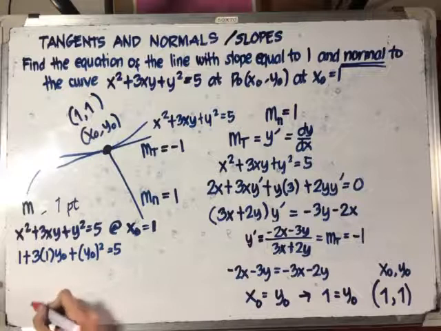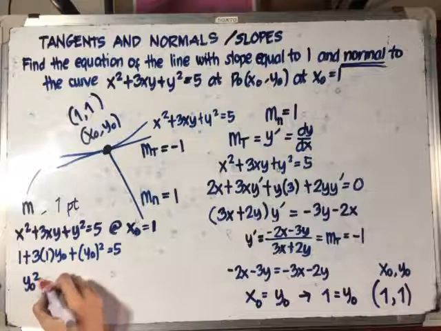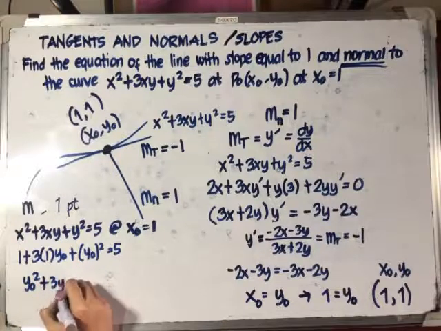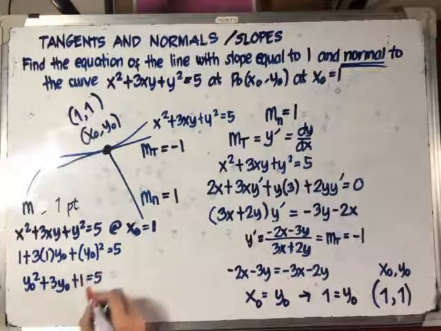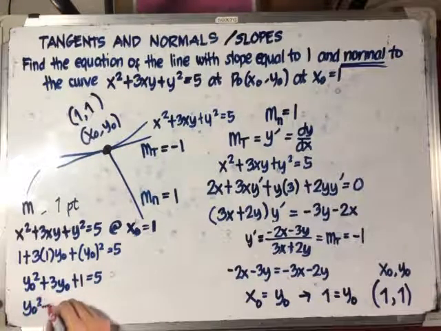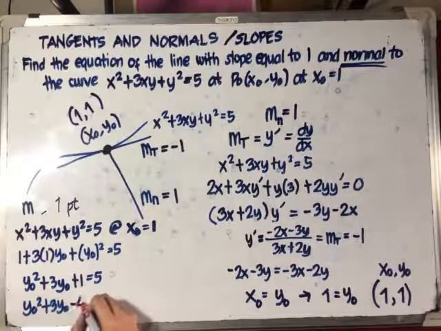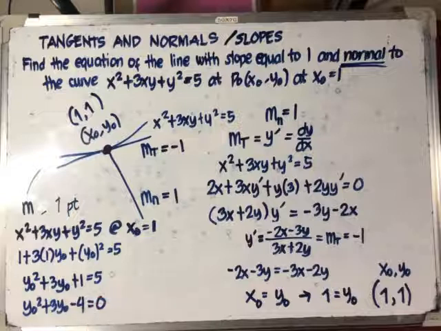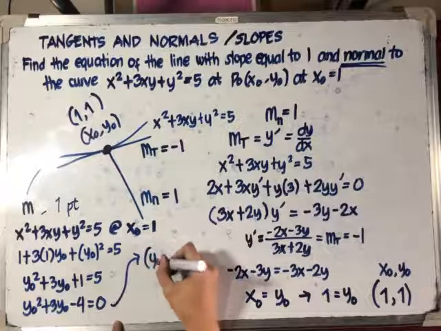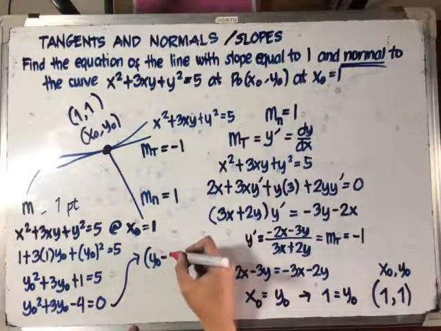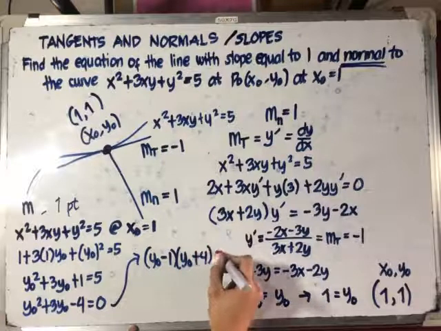We have y sub o squared plus 3 y sub o plus 1 equal to 5. Simplifying, y sub o squared plus 3y sub o minus 4 equals 0. By factoring, you can have it as y sub o minus 1 and y sub o plus 4 equal to 0.